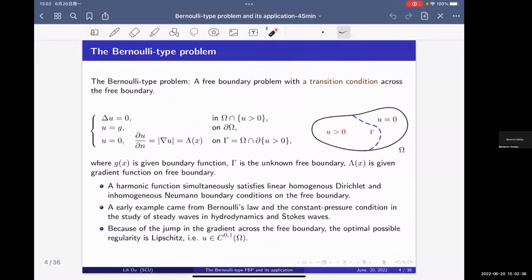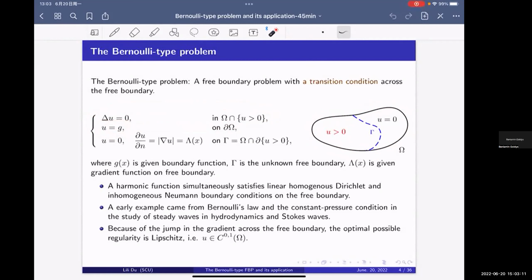What is a Bernoulli-type free boundary problem? It's a PDE with free boundary. It's a free boundary problem with a transmission condition crossing the free boundary. Given a fixed domain omega, u(x) is an unknown function. We assume that u is harmonic in the positive set, and on the boundary of omega, we impose the Dirichlet boundary condition, u equals g, a given smooth function.